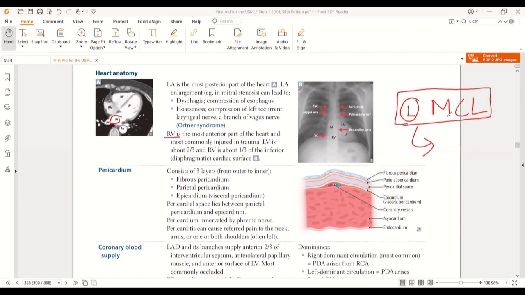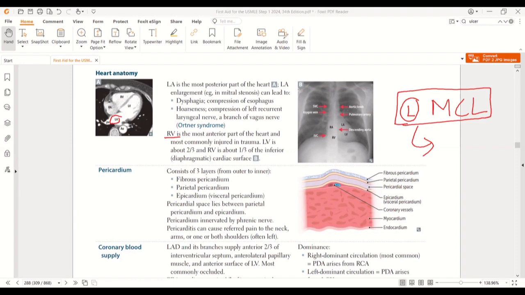So the penetrating injury is lateral to the left mid-clavicular line. Which structure is injured? Right ventricle? Left ventricle? All of you are wrong.